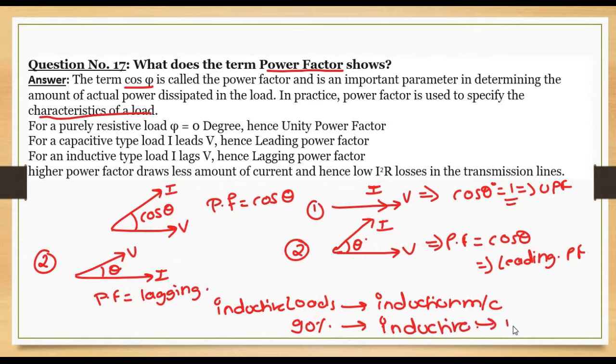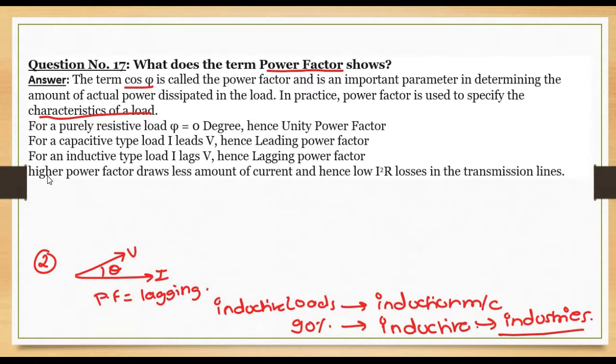In industries, higher the power factor, it draws less amount of current, which will directly reduce the I square R or copper losses in the transmission line.